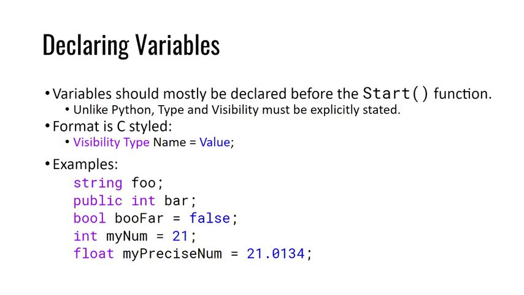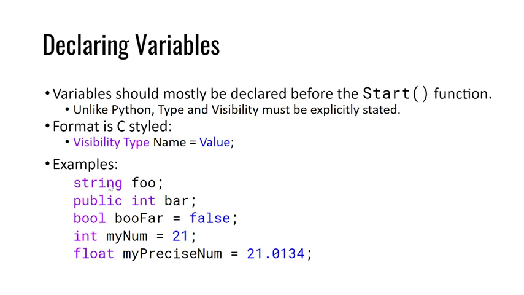Okay, variables. Unlike some programming languages, variables are statically typed, which means you have to tell what type of variable it is before you get to use it. For example, if you have a variable called foo and you want it to be a string, you have to explicitly say that it's a string. Once you do that, you can only use it as a string.